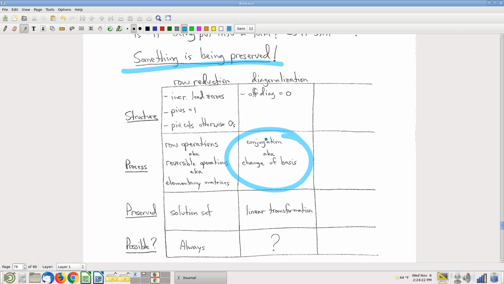It's similarities, conjugations, you might say, change of basis, something that takes a matrix and results in another matrix that's similar to it. And why? What does this preserve when you do a conjugation? But even more to the point, what is preserved when you do a change of basis? Well, the underlying linear transformation.